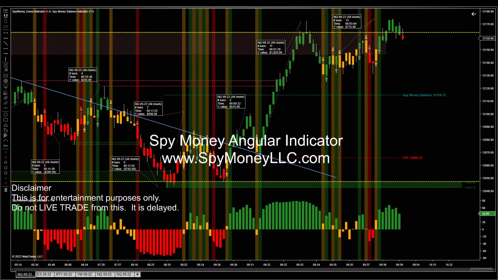I like to see it come down and retest that balance. That's what I'd like to see. Retest that balance and then we can go long for the day.